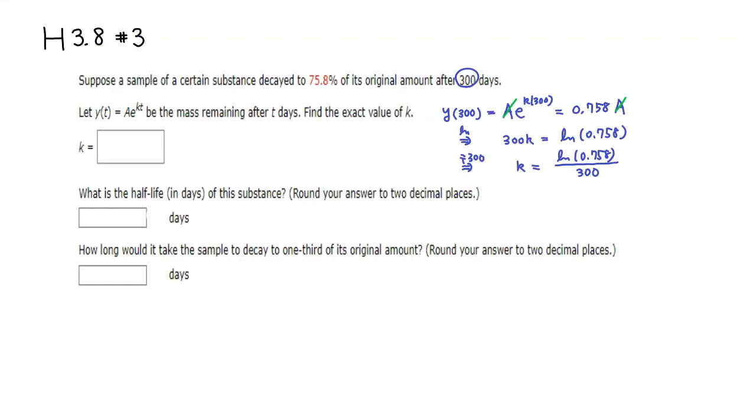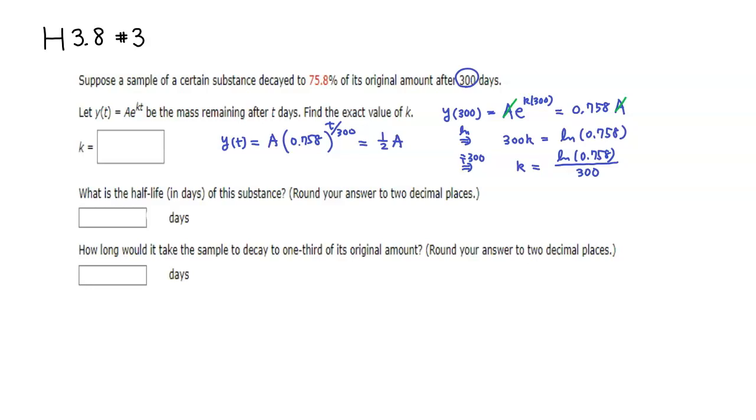We know that y of t is A times 0.758 to the t over 300, since you get 0.758 in every 300 days. If you plug k back into the equation, you get that equation here. Then we want to set it equal to 1/2 A.